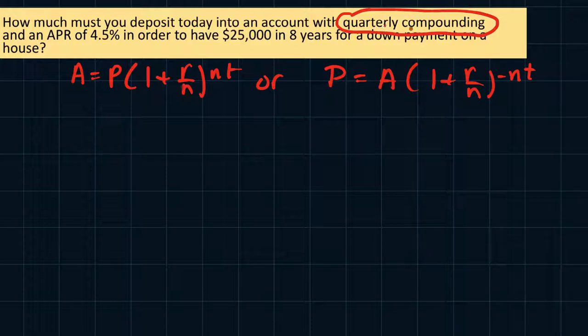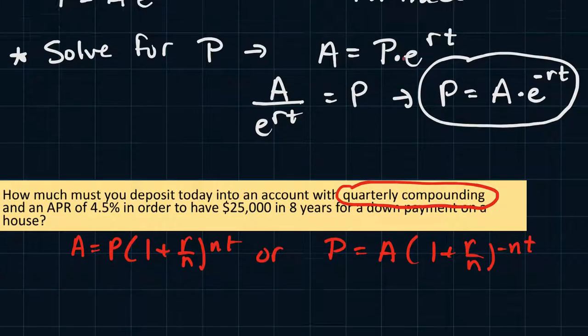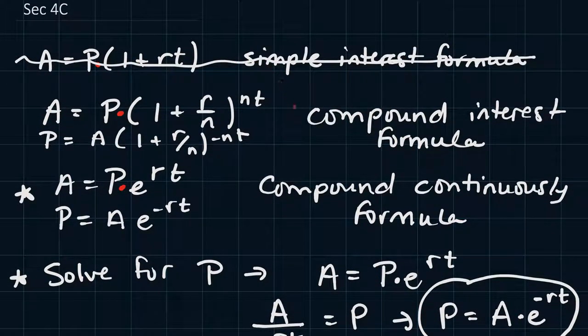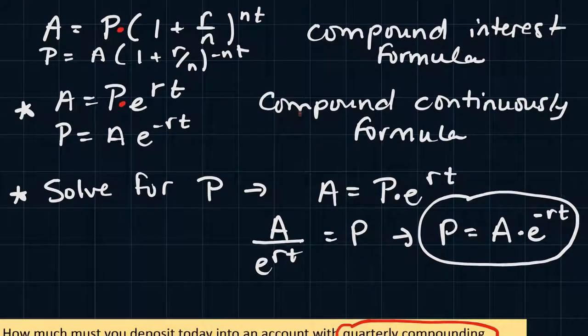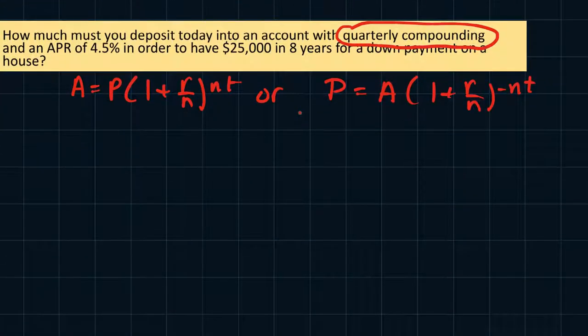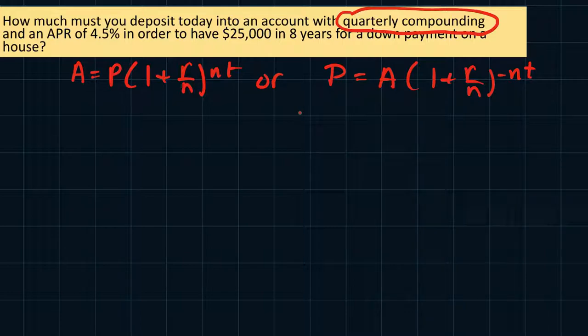If it says compounding continuously, if you see the word continuously, then you're using that other formula with the e. If it says simple interest, then you're going to use the very first formula, the one right here that we marked out, because we're not going to see that. Okay, so we got one of these two.